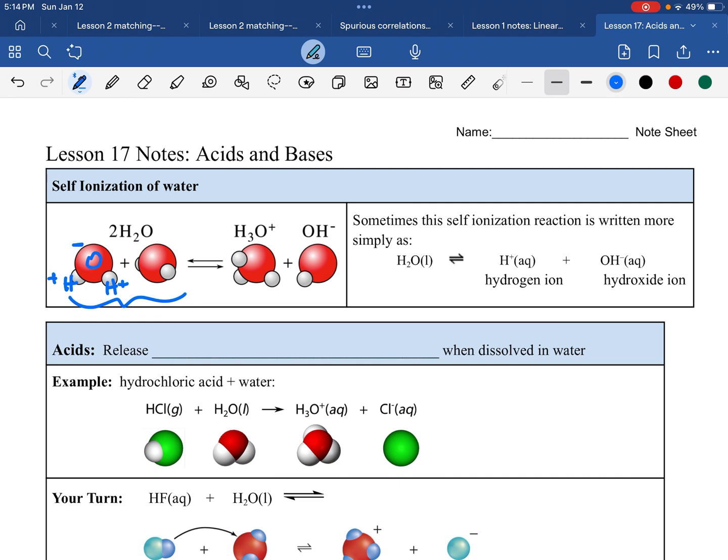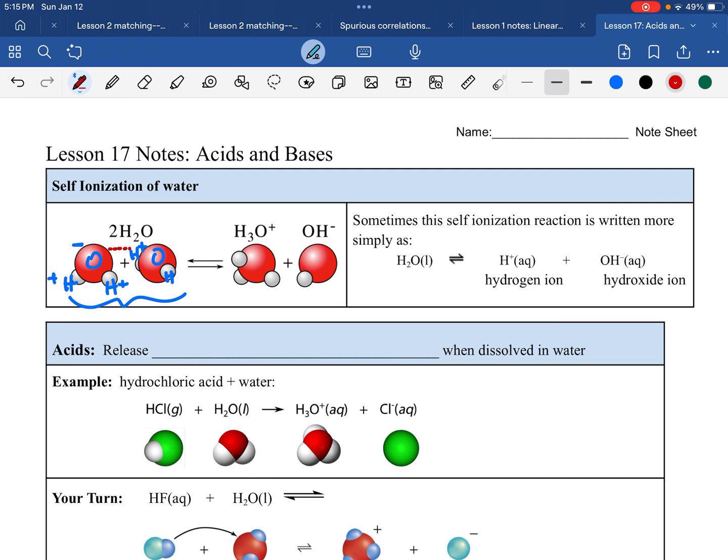And this results in water molecules being attracted to each other, because the hydrogen of one water molecule, so let's look at this other little water molecule here, it has two H's and an O. The hydrogen of one water molecule, which is positive here, is going to be attracted to the oxygen of another water molecule, right?